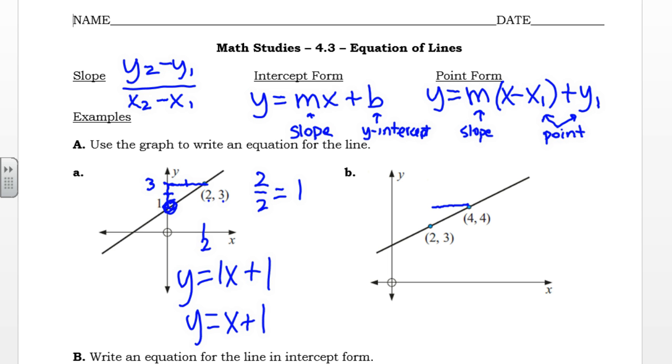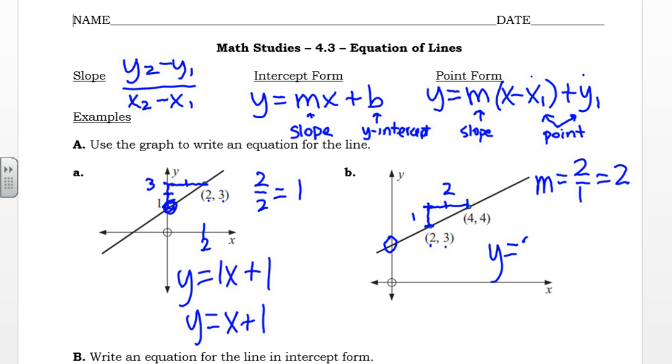So here I'm going to do the same thing. The rise here is going from 3 to 4, so the rise is 1, and it's going from 2 to 4, so the run is 2. So the slope is 2 over 1, which is 2. And I don't know the intercept. I could work backwards and figure it out, but I do know a point, so I can just put those values into point form instead.